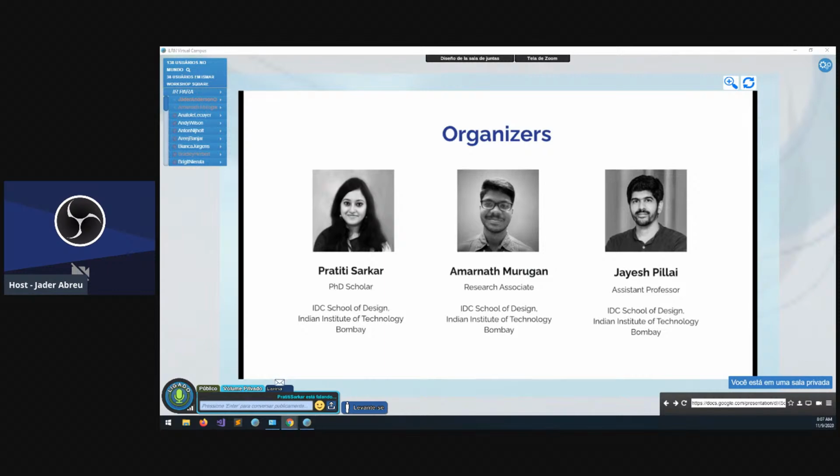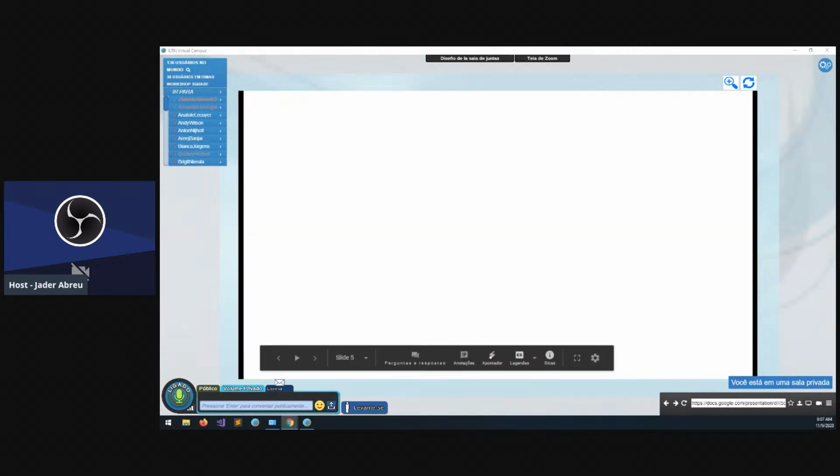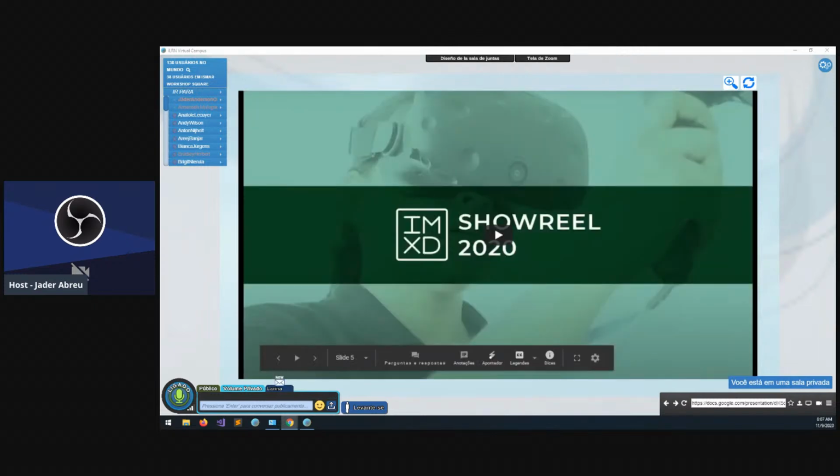First, introduce the organizers of this workshop. Firstly, myself. I'm Pratiti Sarkar. I'm PhD. Before we move on to the further steps of this workshop, we will quickly show what our lab has been doing. With Amarnath Murugan, who is the research associate at IDC School of Design, and along with Professor Jayesh Pillai, who is assistant professor at IDC School of Design. First, introduce the organizers of this workshop.